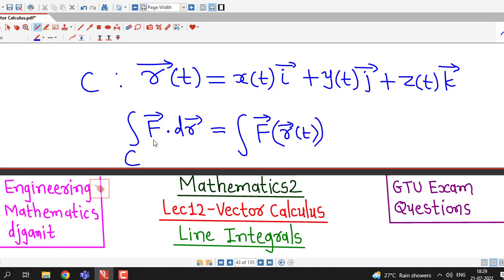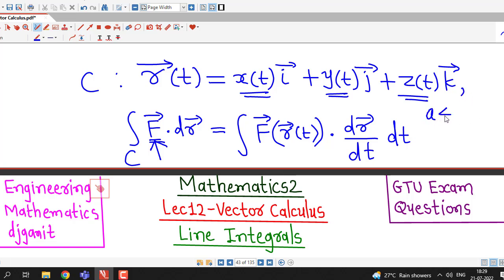that is, we replace x by x of t, y by y of t, z by z of t in the given vector function f bar, take the dot product with dr bar by dt, and the integral is with respect to t. The limits of t will come from the parametric representation of the given curve.